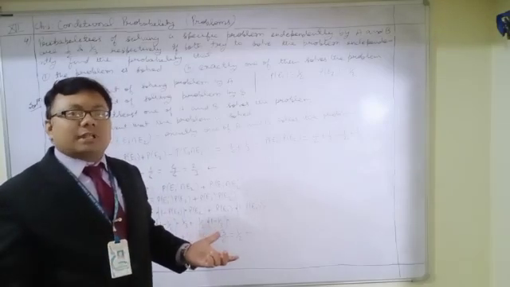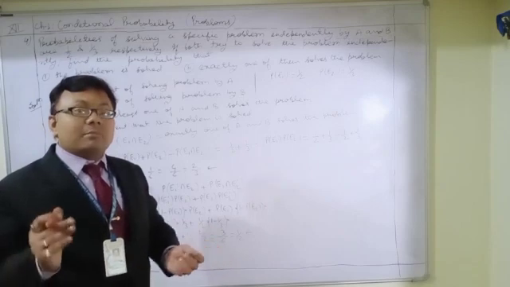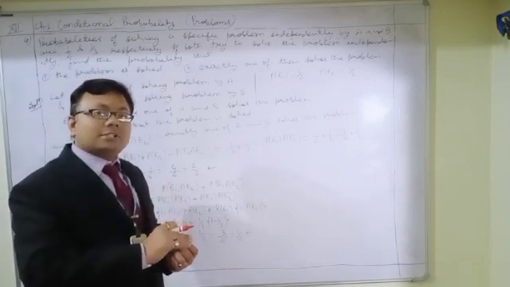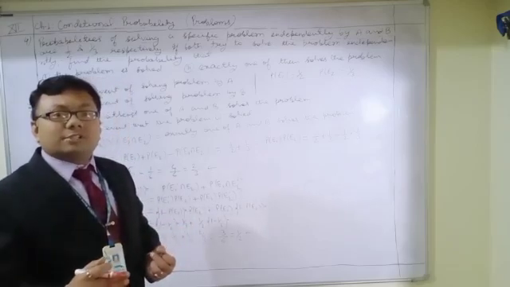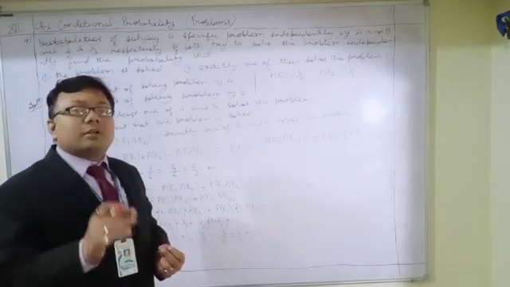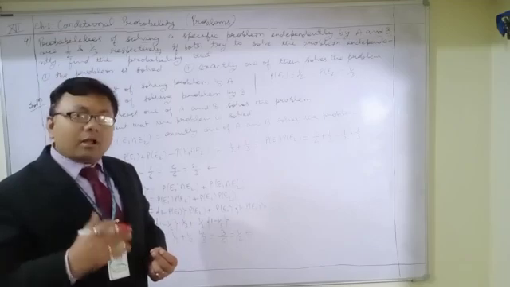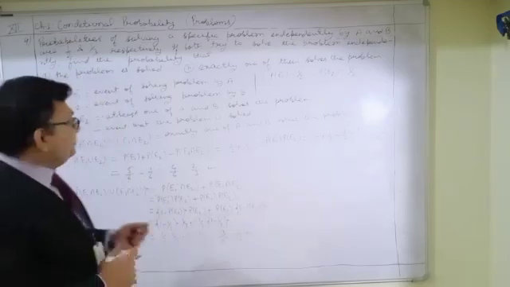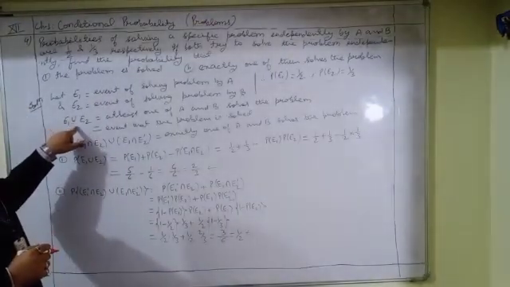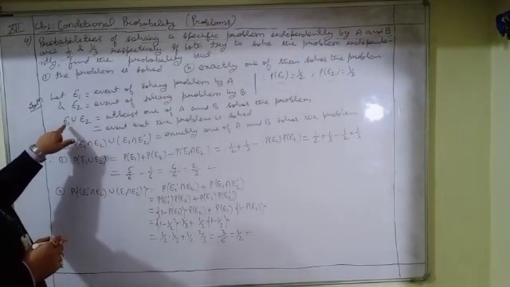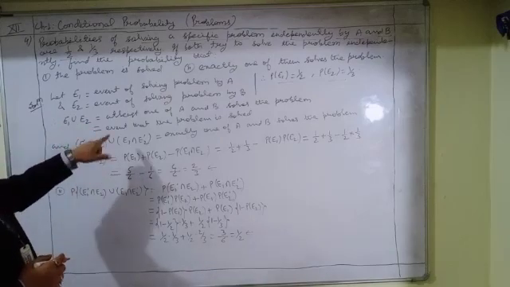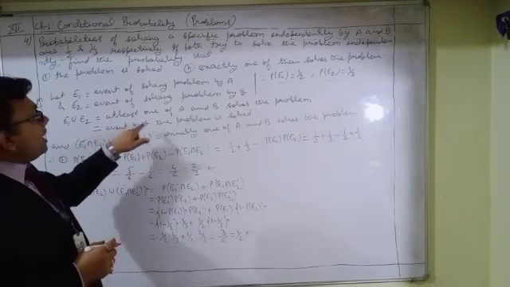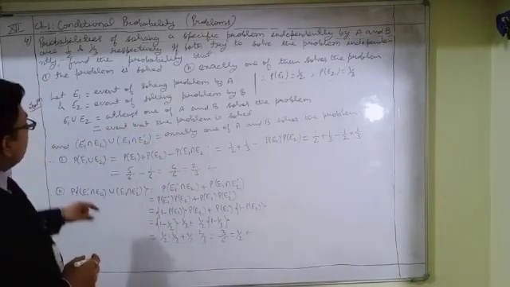The question can be solved when either subject A solves it, or subject B solves it, or both of them solve the same question. Then only can we say that the question is solved. This event can be represented by E1 union E2. This stands for at least one of A and B solving the problem, the event that the problem is solved.